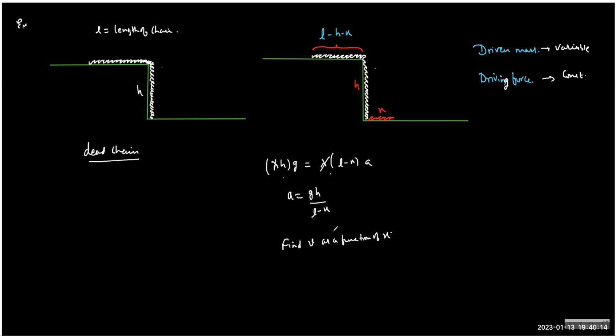So is it v is equal to minus g h log of x minus L? So the limits of integration you have to do carefully. So v dv by dx.